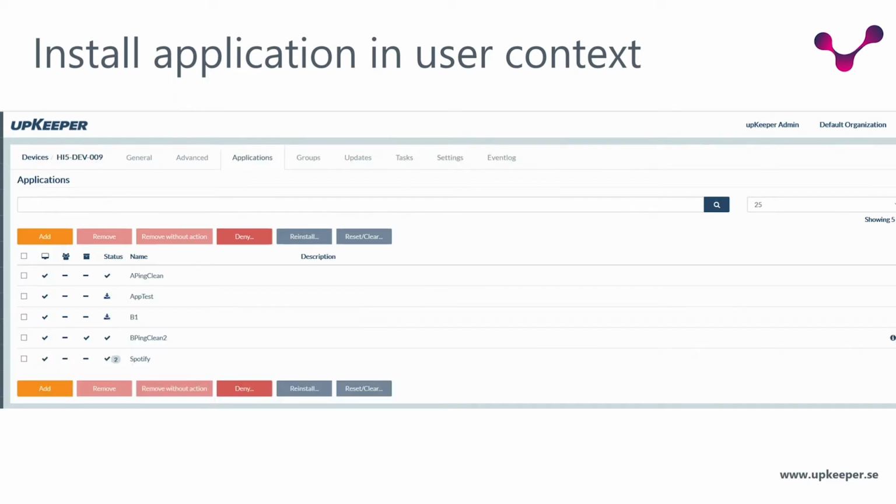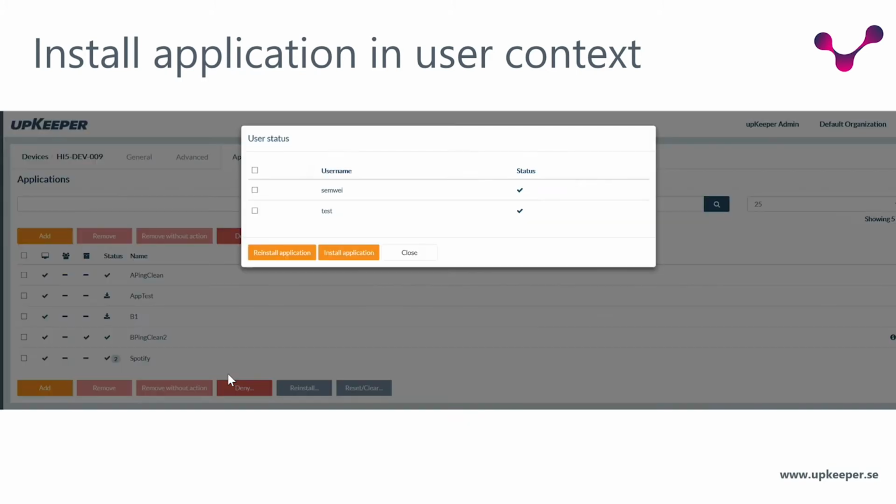If we go to that computer, we can see down in the application list Spotify, and there's a number beside the check mark, and it says 2. That means that there are 2 users that have installed this application on that specific computer. If we click on the number, we can see exactly which user has installed this application.